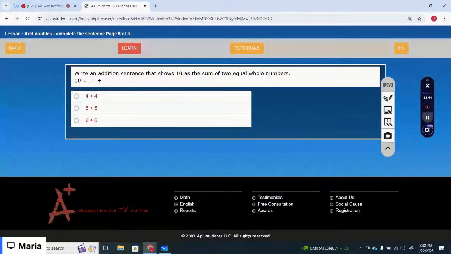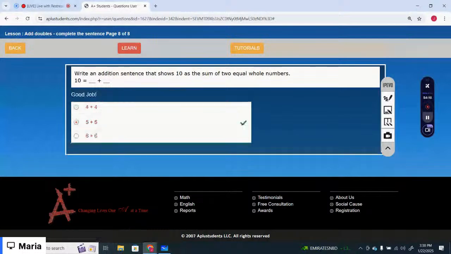Write an addition sentence that shows 10 as the sum of two whole numbers. Ten equals 5 plus 5. Option number 2 is the correct option.